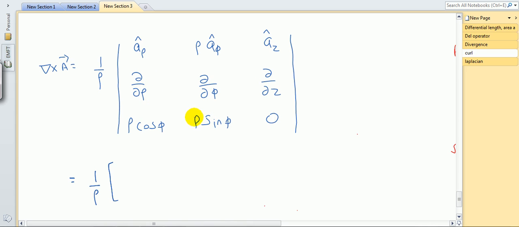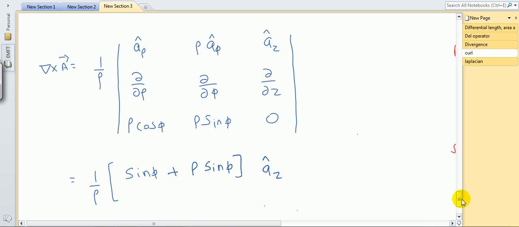So del by del rho of rho sin phi will be sin phi, plus, it will be actually minus del by del phi of rho cos phi. So cos phi differentiation will be minus sin phi, so it will become plus, and it will come as rho sin phi, and the component is az cap.